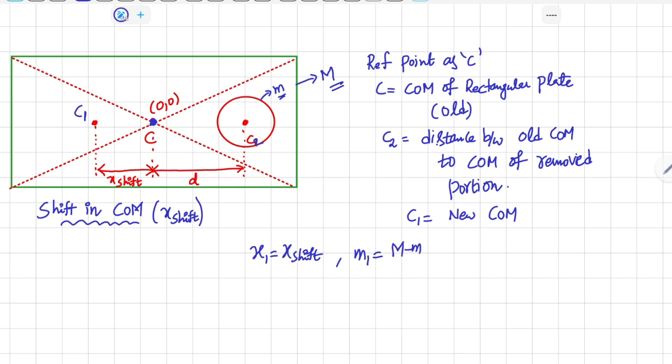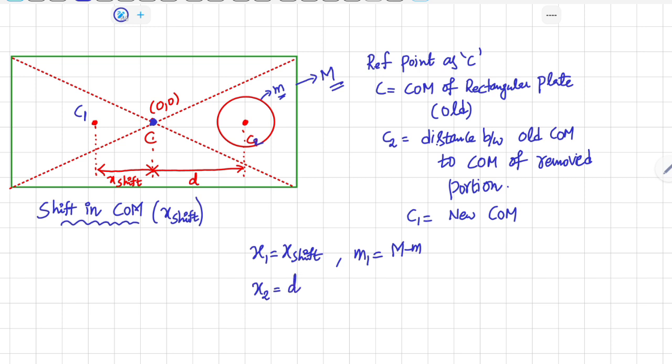This is the mass which is left when we remove the circular portion from the rectangular plate. Now I am considering x2 as the distance from the original center of mass, or old center of mass, to the center of mass of the removed portion, and its value is d.